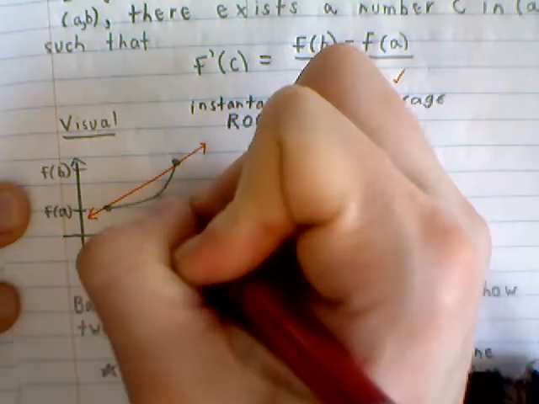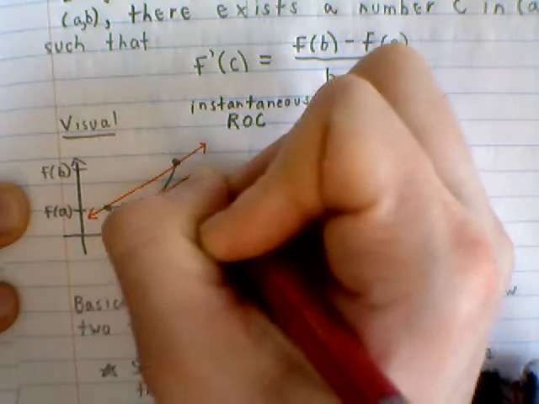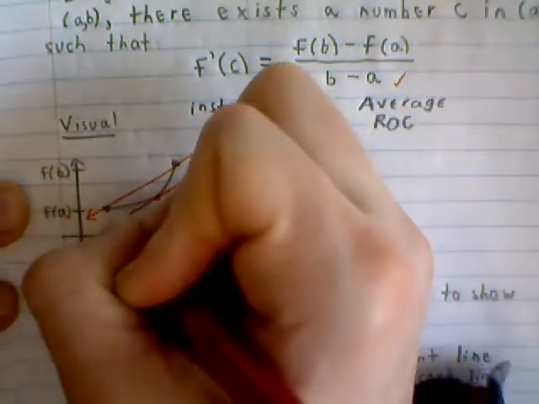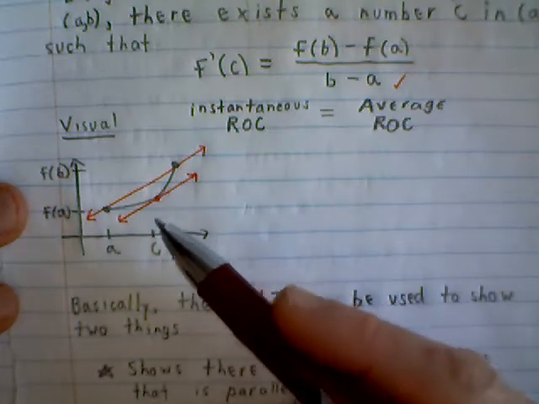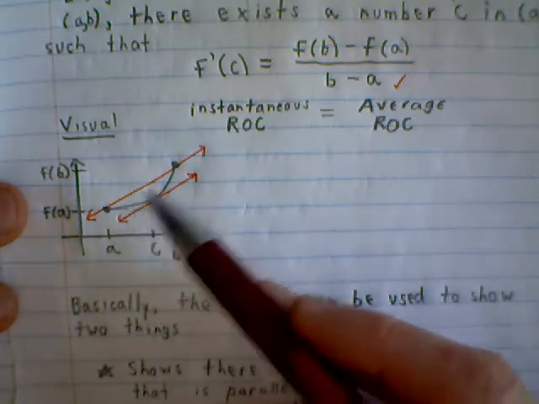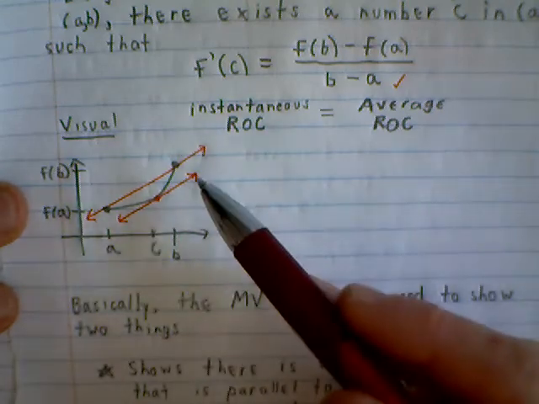So at this point right here, I can draw in my tangent line. So at this point where x equals c, I can see that the slope of the secant line equals the slope of the tangent line.